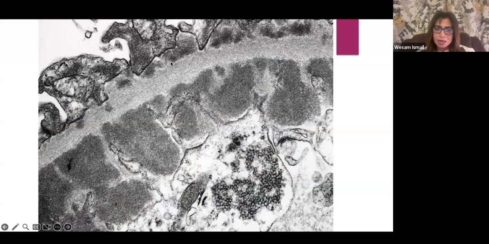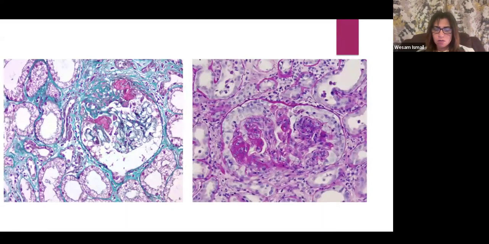So whatever black electron dense deposits you see towards the podocyte surface are what we call subepithelial, while here we have the endothelium and the capillary lumen, and these are tubuloreticular bodies, which we see in lupus or other autoimmune diseases, as well as in patients treated with interferon. But again, all of the major deposits here, as you can see, are towards the endothelium. So these are subendothelial deposits. In this patient, or at least in this picture, we have extensive or more dominant subendothelial deposits. So this is class 3 or class 4.